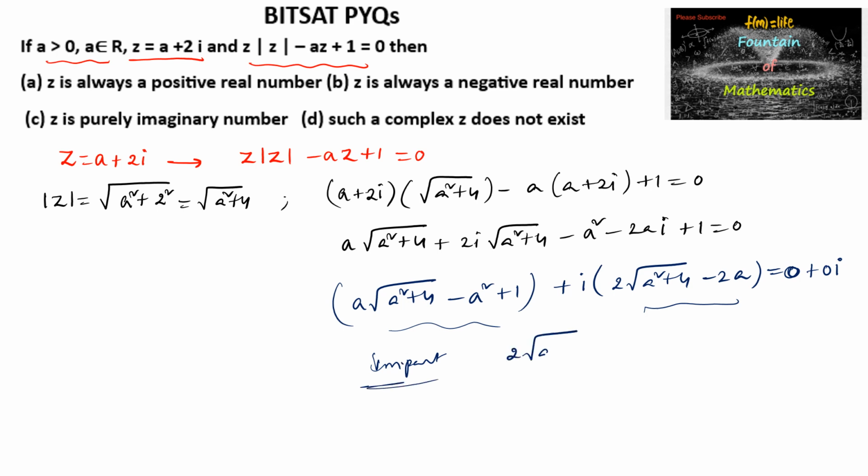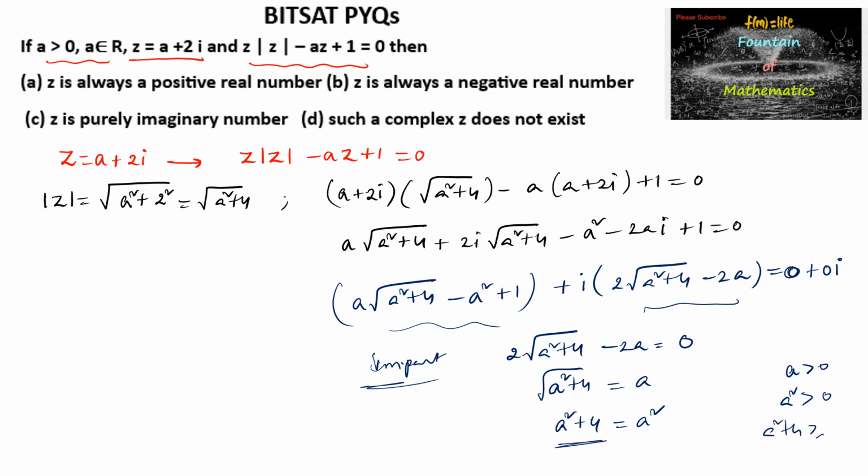So 2 root of a square plus 4 minus 2a is equal to 0, or we can write root of a square plus 4 is equal to a. Squaring on both sides, we can write a square plus 4 is equal to a square. So when a square plus 4 is equal to a square, it is not at all possible for any real number, because for a greater than 0, a square is greater than 0 and a square plus 4 must be greater than or equal to 4.